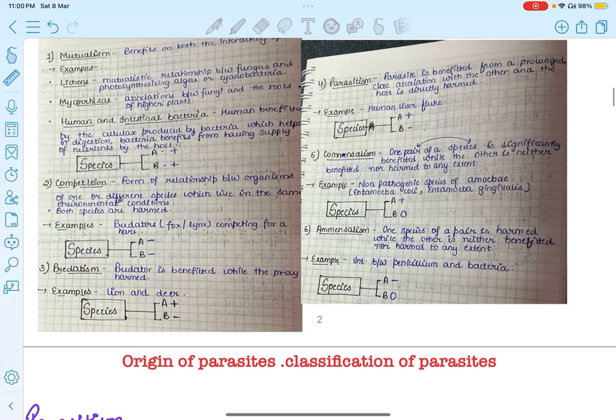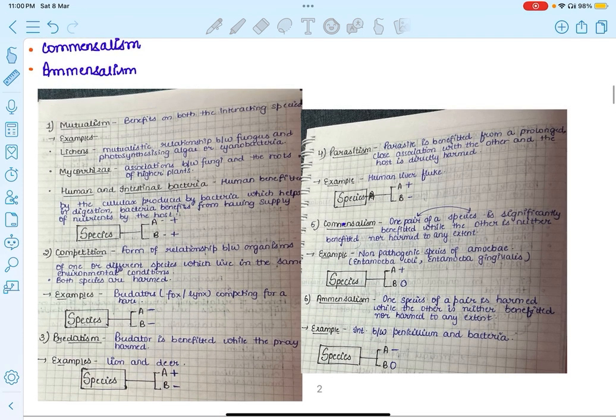Okay. Then we have parasitism, which we are talking about in parasitology. In parasitism, a parasite is benefited from the prolonged close association with the other and the host is directly harmed. For example, we have the human liver fluke. A fluke kind of worm, when somehow it gets into our liver, the human is basically harmed.